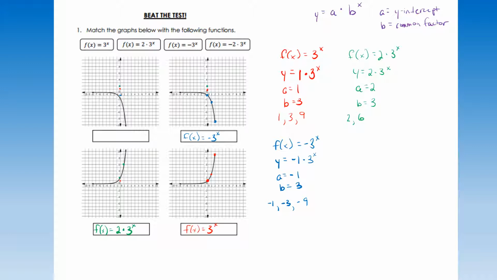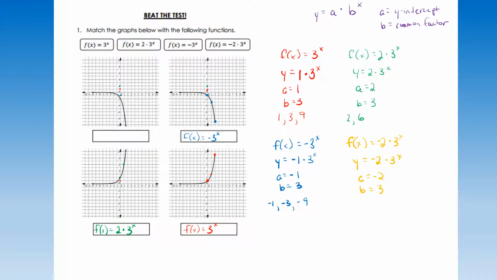Now the last one. We've got f of x is equal to -2 times 3 to the x. So I can write this as y equals -2 times 3 to the x. So here a is -2 and b is 3.